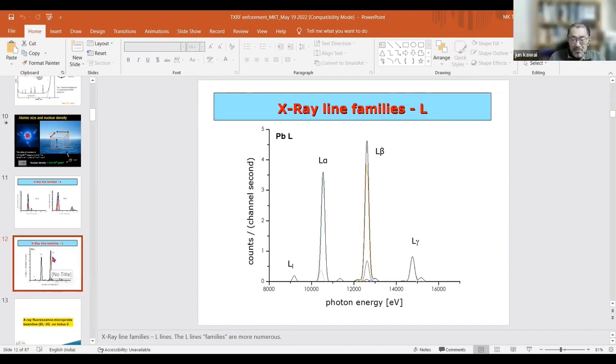So my question is, what is happening here? Why is the L beta stronger than L alpha? Particle size or surface roughness? This is a typical example spectrum of lead. I just want to show that whenever you do the analysis, this is an example spectrum, and it is not linked with the particle size.